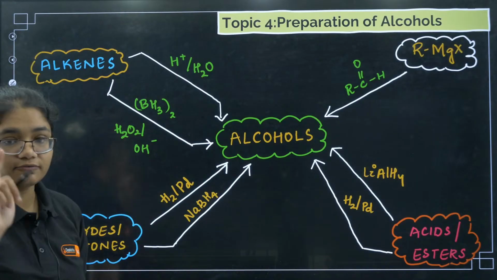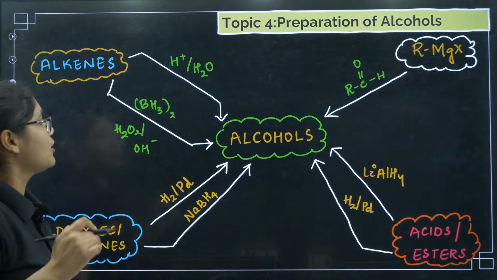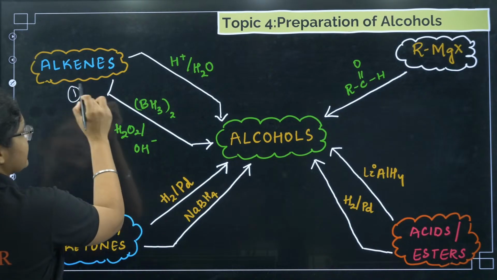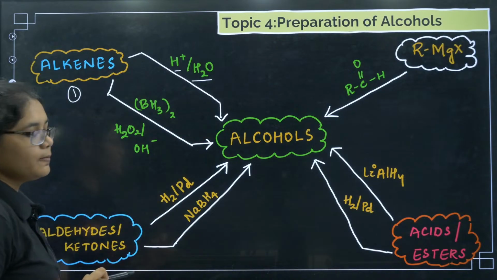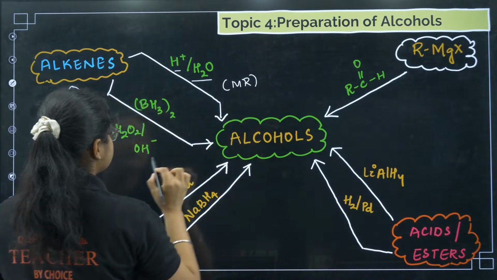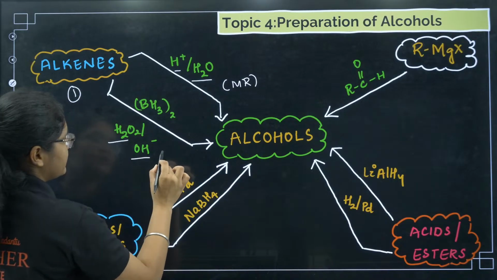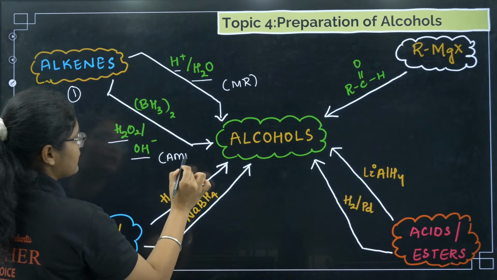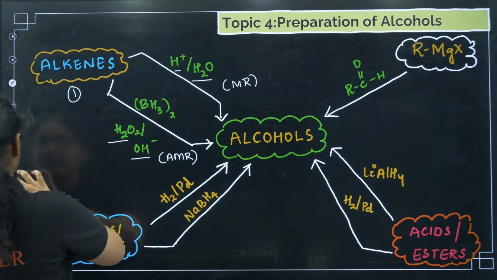So what was the first method? From alkenes, right? From alkenes you can use H+ and H2O, that will give you Markovnikov addition, and if I take H2O2 and OH-, that will give me anti-Markovnikov addition. Let me give you an example here.